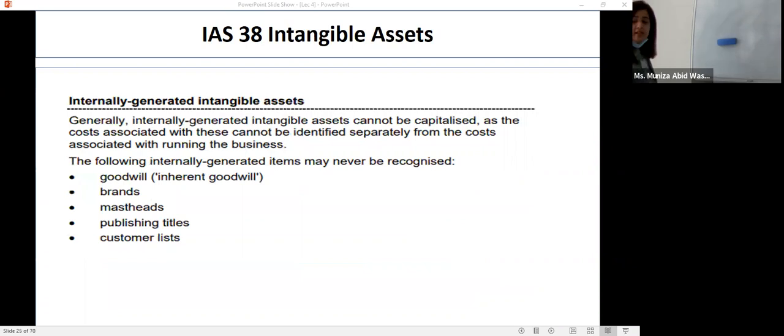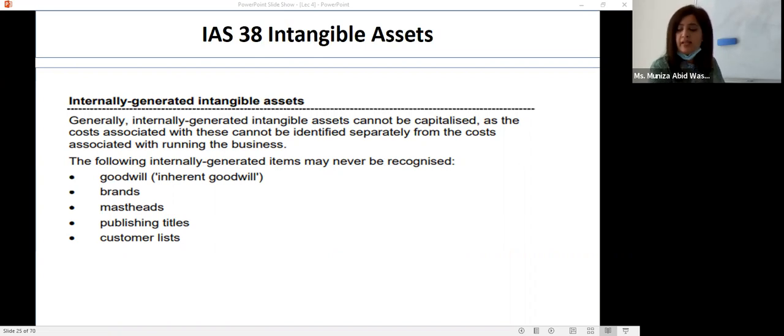Now regarding internally generated intangible assets, as we have already discussed, internally generated intangible assets will not be recognized in our books of accounts. This is what they are elaborating in this slide now. They are telling us that generally internally generated intangible assets cannot be capitalized, as the costs associated with these cannot be identified separately from the costs associated with running the business.